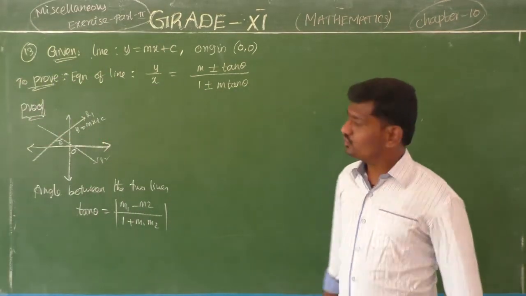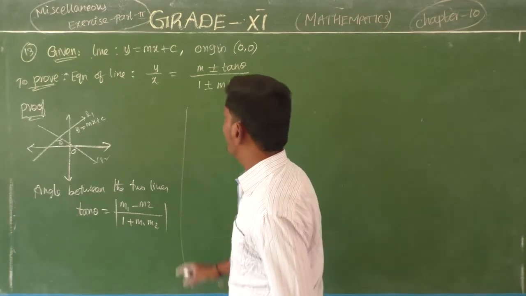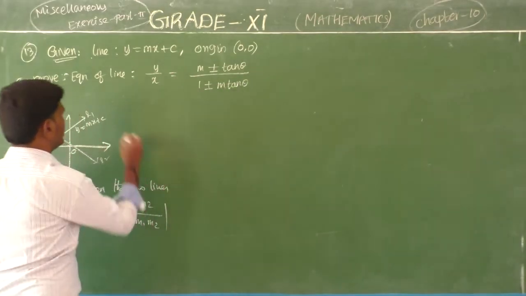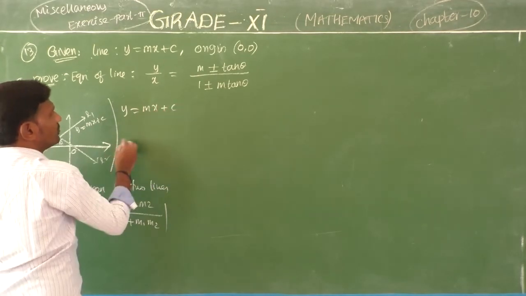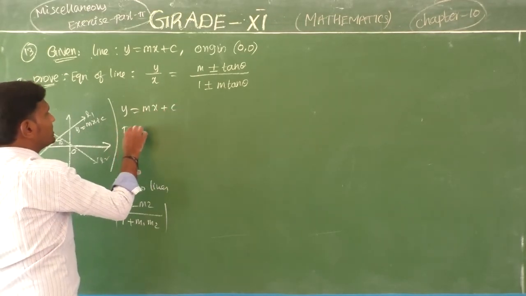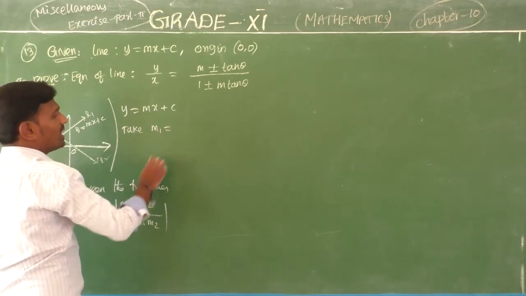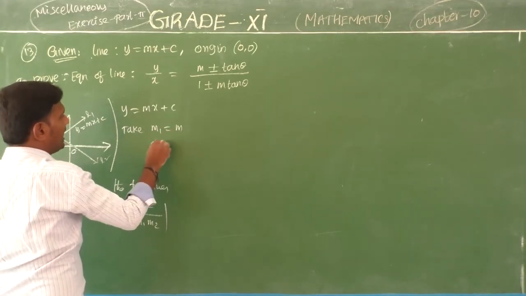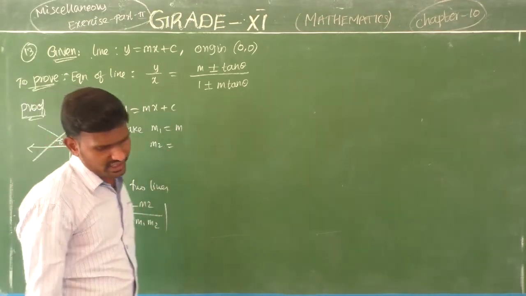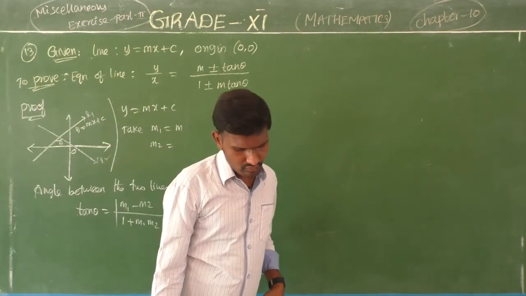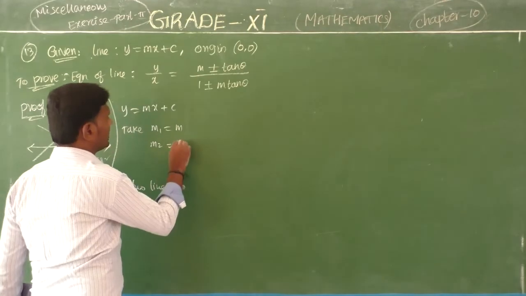Okay students, so for that, taking the first straight line y equal to mx plus c. Now take the slope m1 equal to m, and m2 take it as m2 itself.